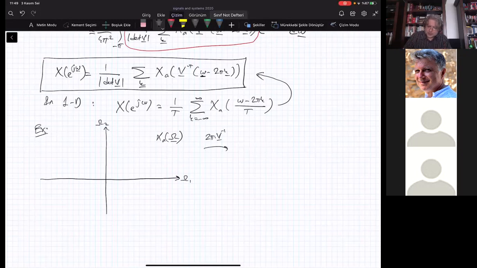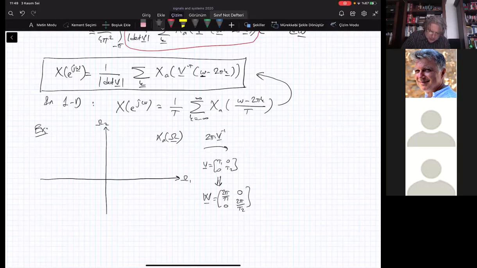So that corresponds to the simple rectangular sampling. That makes W equal to 2 pi over T1 0 and 0 2 pi over T2. This is the simplest sampling.